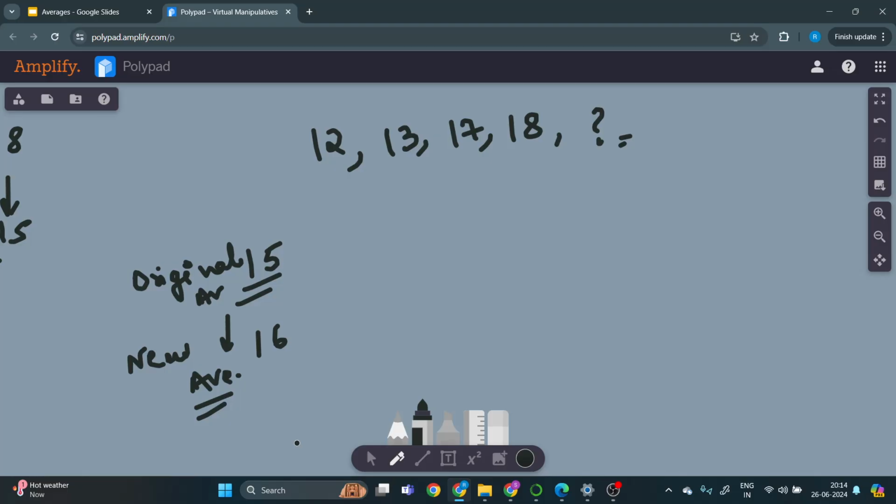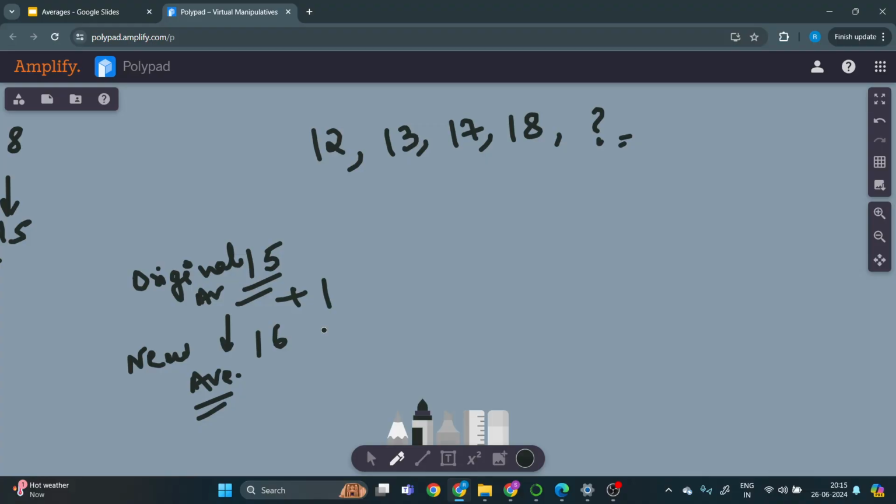So visualize this. The average is being increased by 1. So when the average is increased by 1, it means that effectively 1 is being added to all the numbers.